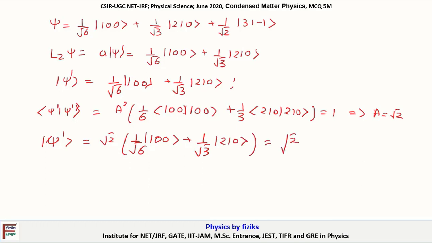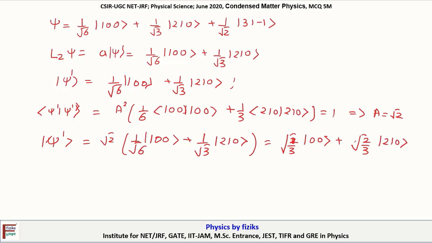That means ψ' = 1/√3 |100⟩ + √2/√3 |210⟩.